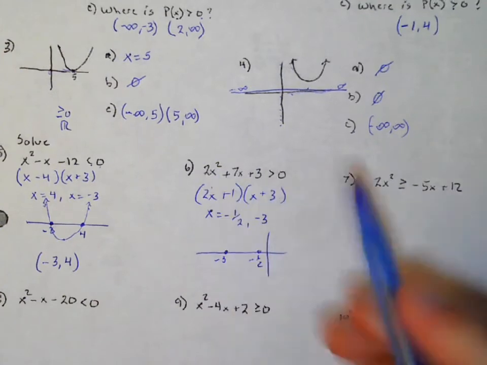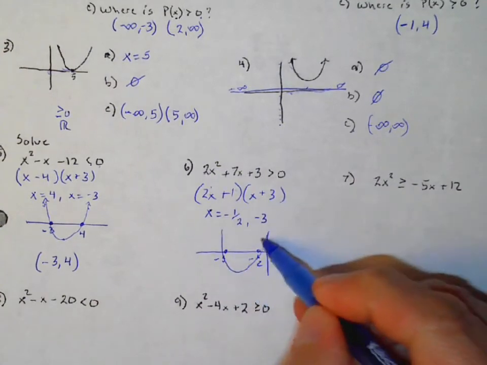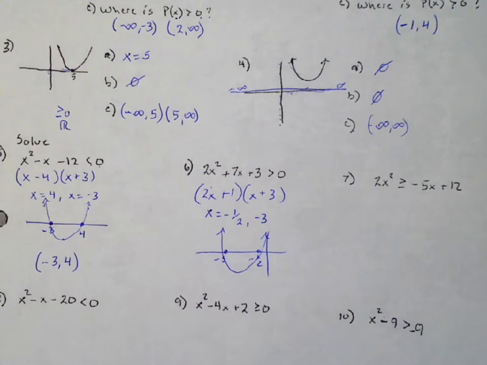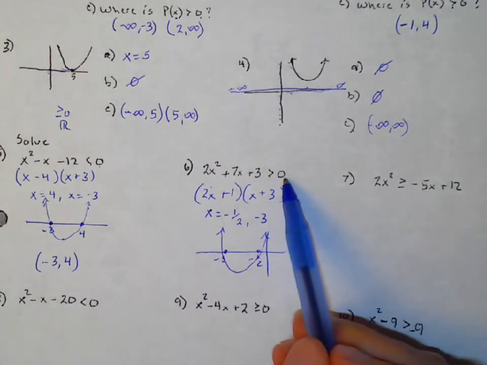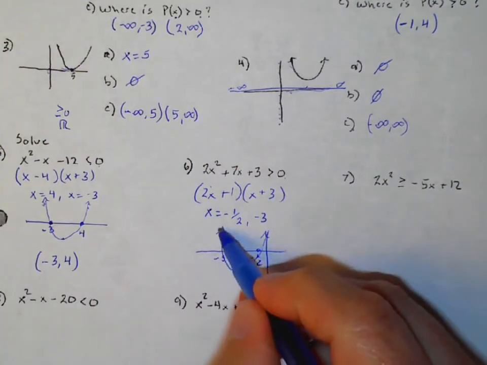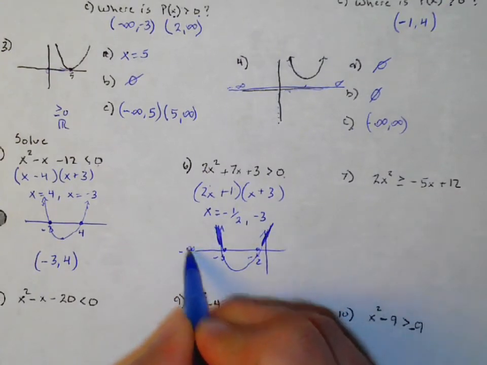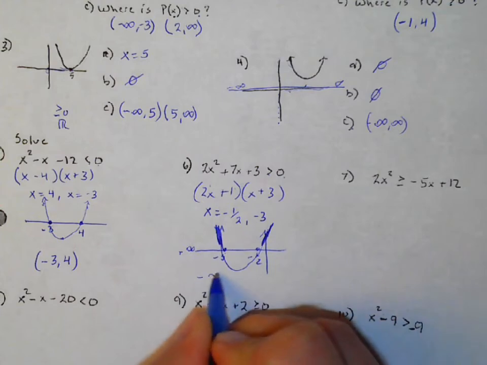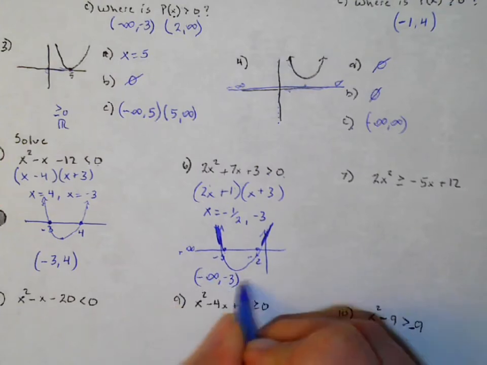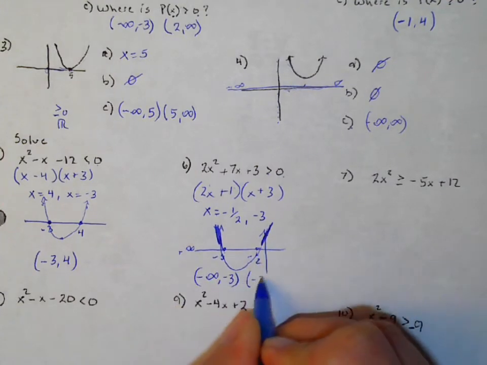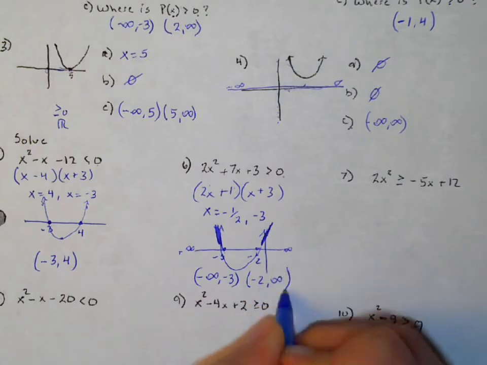Once again, since it's positive, we know it's going to open up. So we want to know, where is it greater than 0? It's going to be greater here, and it's going to be greater here. So from negative infinity to -3, and also from -1/2 through infinity.